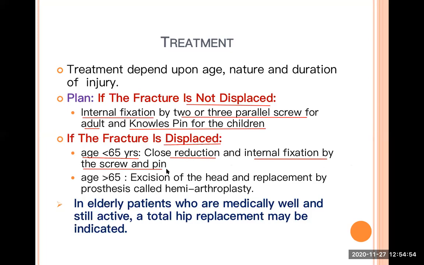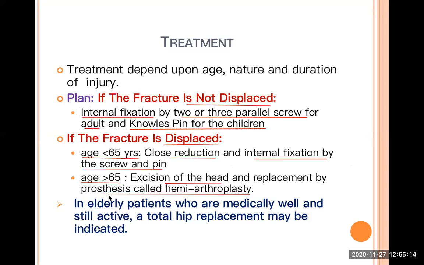So this can be done, and age more than 65, we go for excision of the head, means remove the head and replace it with prosthesis, and this surgery is known as hemiarthroplasty. This is a very, very important concept for you, and this question is asked by many teachers.